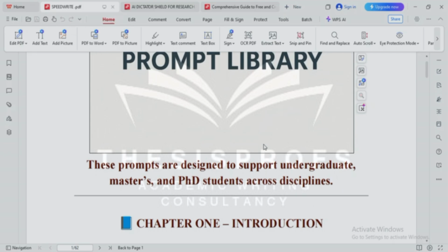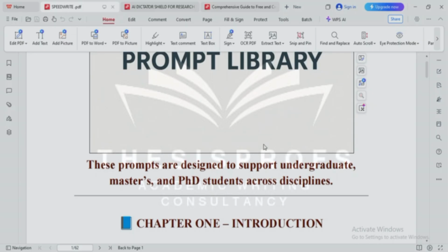We'll begin by showing you how to structure chapter 1 using tailored prompts, using the SpeedWrite prompts. And how to engage with ChatGPT in a way that preserves your originality, enhances your clarity, and accelerates your writing process.